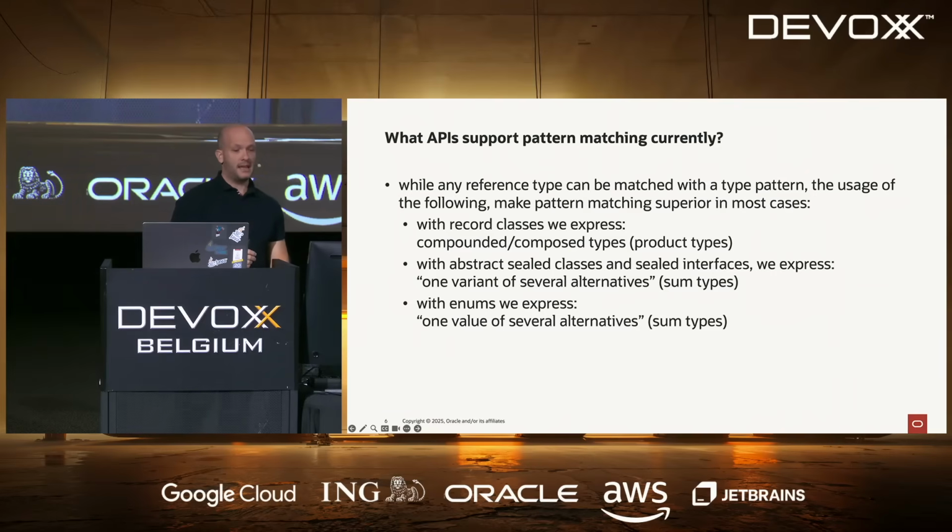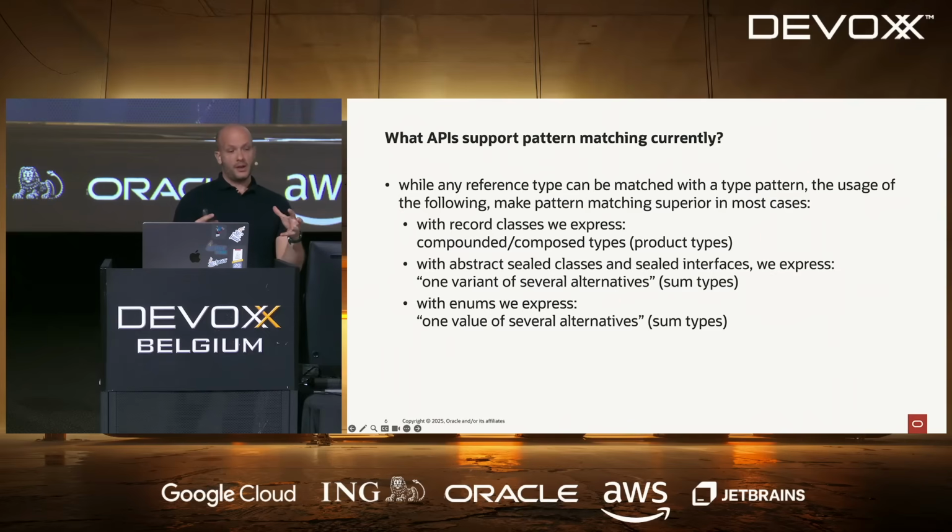These are called product types because they can hold the cross product of all the combinations, theoretically. And the other kind is sum types, which are all about variants. And we all know the first variant. It's enums. It's a degenerate case. It's one value of several alternatives that we can enumerate, right? Which is very important. And then the second one is abstract sealed classes and sealed interfaces, where we express one category of things, one variant of several alternatives.